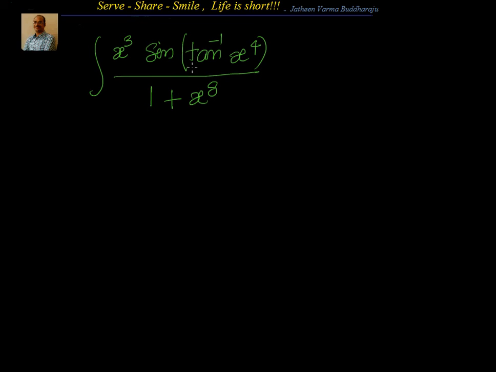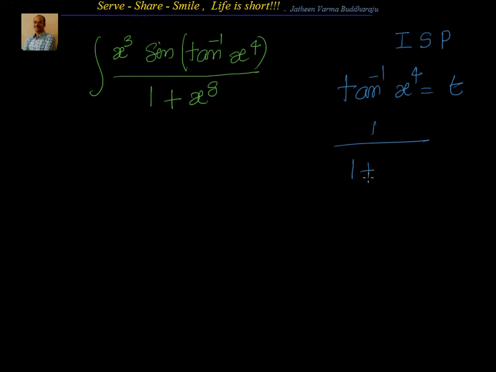Another tip or hint is, whenever we see an inverse, or we see a square root, or we see powers, we'll be taking them as f of x. So we'll start with tan inverse of x to the power of 4 equal to t.